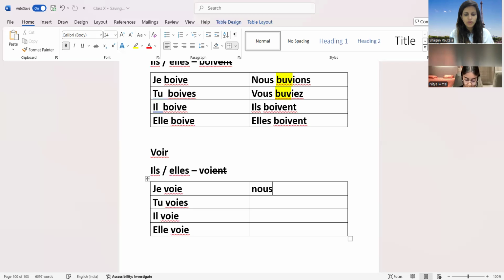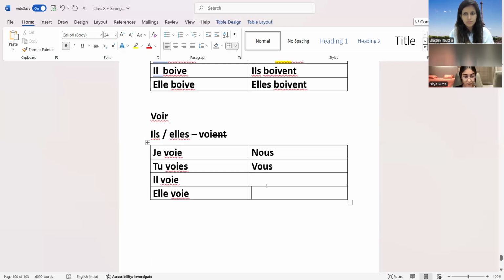But what about nous and vous of this voir verb? Do you remember? Nous and vous was voyons, voyez. Generally we were writing Y, so if we put it here, VOYIONS, VOYIEZ. And the last one, we don't write Y, it's VOIENT.